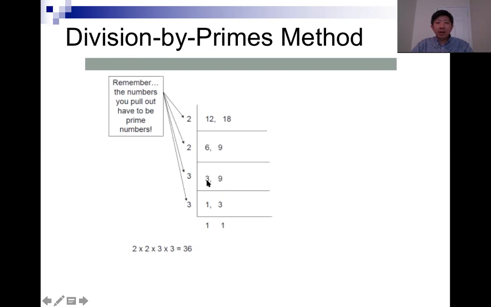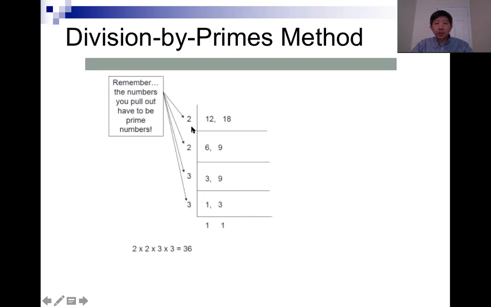And then next, 3 and 9, all right. The good news is 3 and 9 are both divisible by one number, 3. So now take 3 divided by 3, got 1. Take 9 divided by 3, got 3, all right? So are we done? No, we have to continue because here we still have a 3, right? So we bring down 1 and then we take 3 divided by 3.